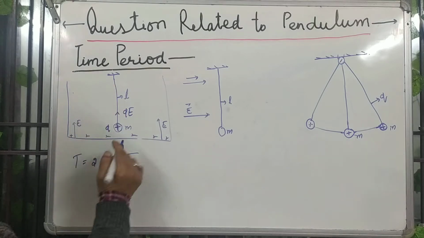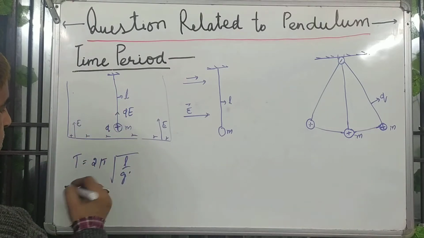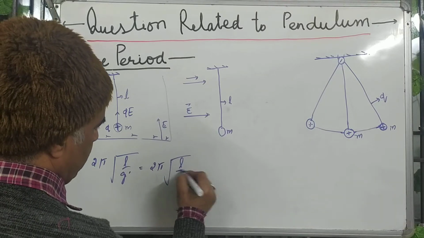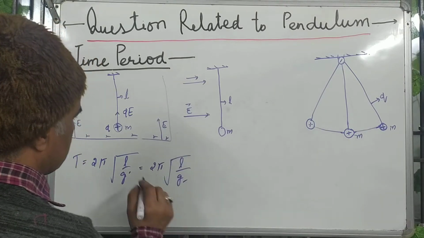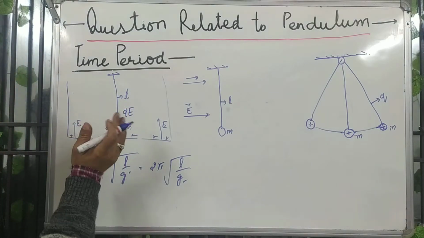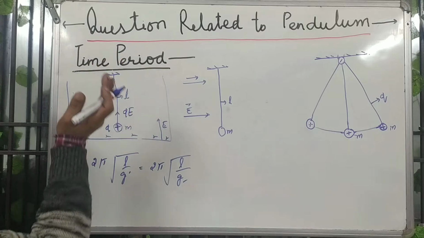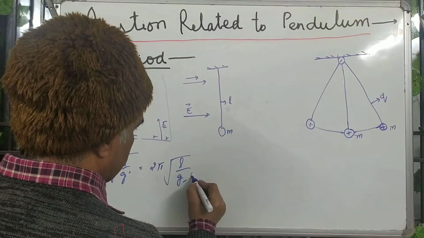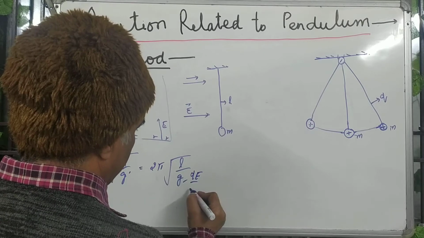QE is upward and mg is downward. So T equals 2 pi root L upon g minus QE by m. The upward acceleration due to the electric field E is force upon mass, which is QE by m.